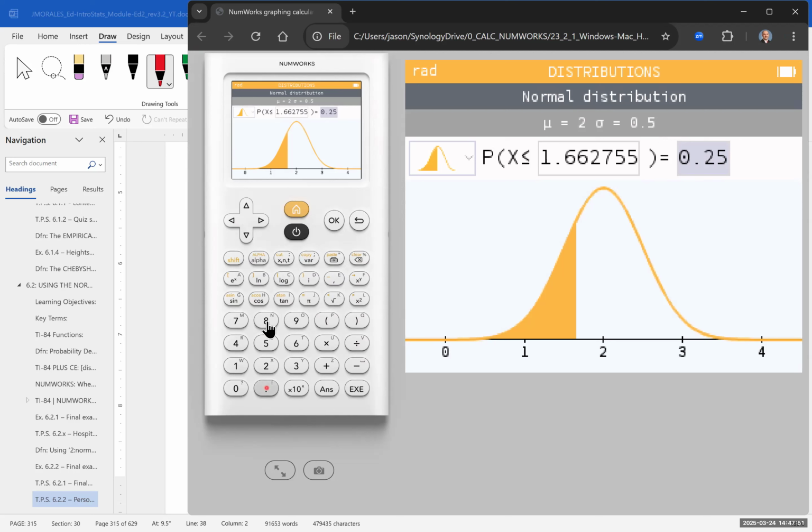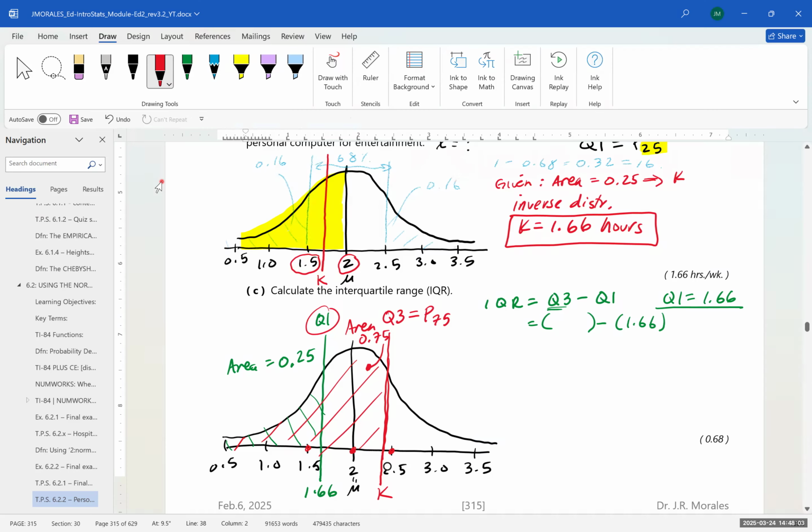And let's just change the area to 0.75. And we get 2.33, or just rounding it, we'll round it to 2.34 for simplicity. So that comes out to 2.34. And so 2.34 minus 1.66 comes out to 0.68 hours per week for the interquartile range.